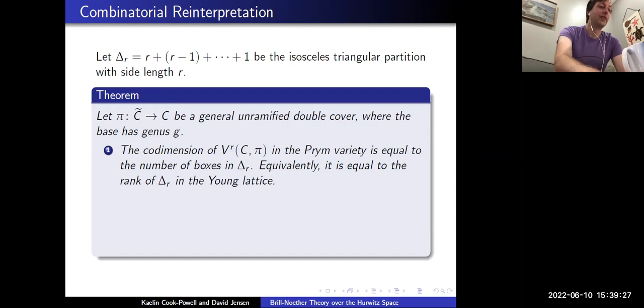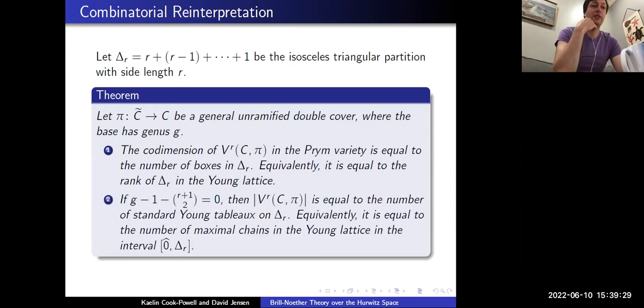And if the expected dimension is 0, then the degree of this variety is equal to the number of standard Young tableaux on this partition, or equivalently, the number of maximal chains in the Young lattice that start at the empty partition and go up to this. So again, we see very similar kind of combinatorics arising in yet another setting, right?